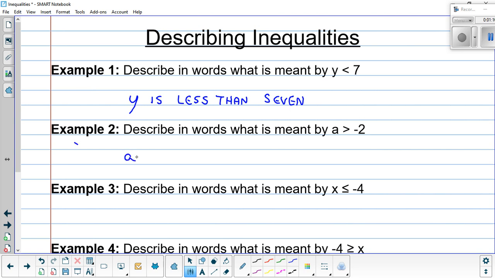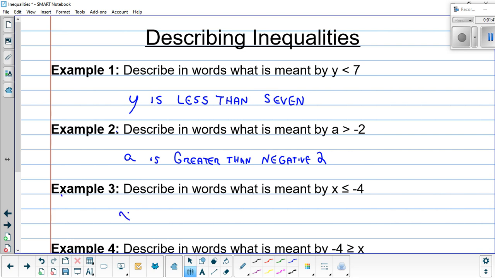Next one, same thing. A is greater than, what's it greater than? It's greater than -2. Once again, we just have to make it grammatically more correct. The next one, we have x, and we have less than or equal to -4.